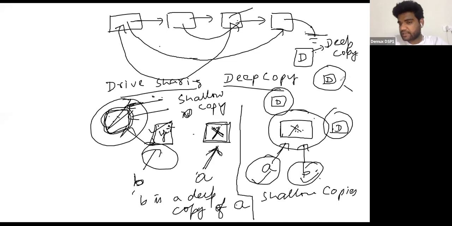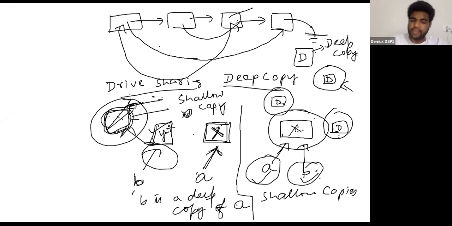Any change that this person makes to this document will not be changed here. But for a shallow copy, any change made by any person will be reflected for all other persons also. So you are copying a document in both cases, right? But this is a shallow copy.